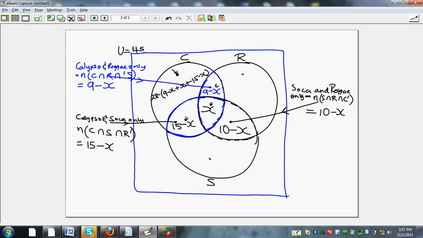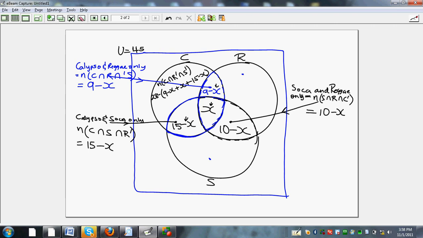Now calypso only will be written as this. Calypso only will be the number of people that like calypso and not reggae and not soca. That's how you write calypso only.